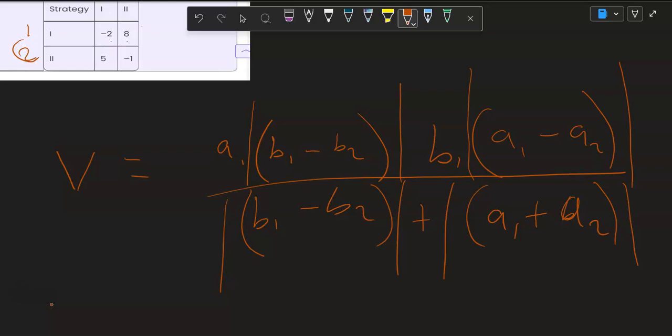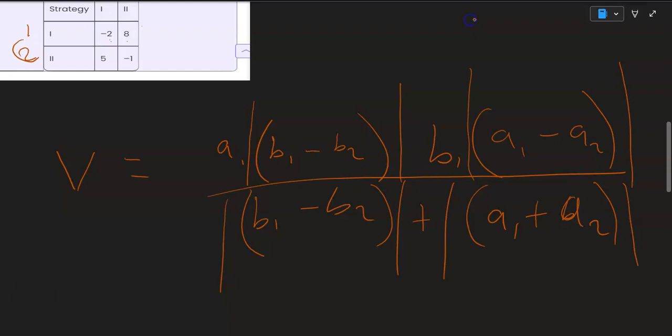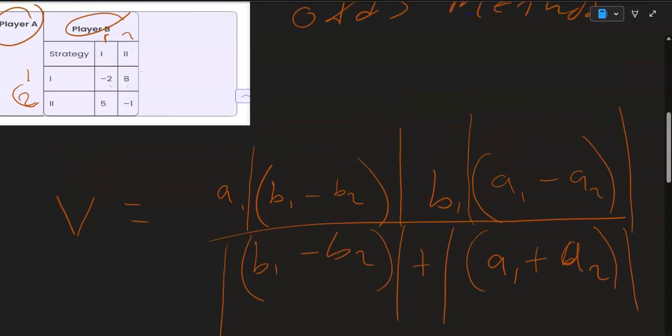Now, where are we finding the A's and the B's, or A1 and A2? When we are calculating the game value, you will definitely be given a 2 by 2 matrix. This is a 2 by 2 matrix because it has 2 rows and 2 columns. So in a 2 by 2 matrix, you have this variable here, which is -2, represented by A1, and 8 represented by A2.